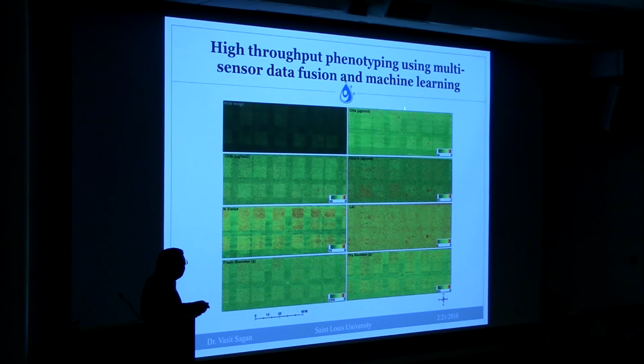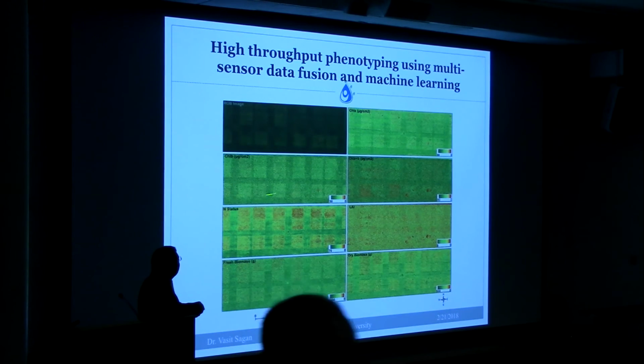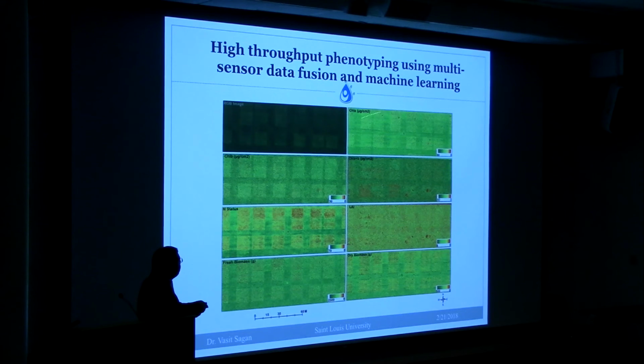Zero means there's none. So it's estimating all types of phenotypes, like A, B, nitrogen, and if plants are doing well. Whatever red areas means experiencing nitrogen stress because of a lot of rain. Leaf area index, biomass, dry and fresh biomass, a number of phenotypes.